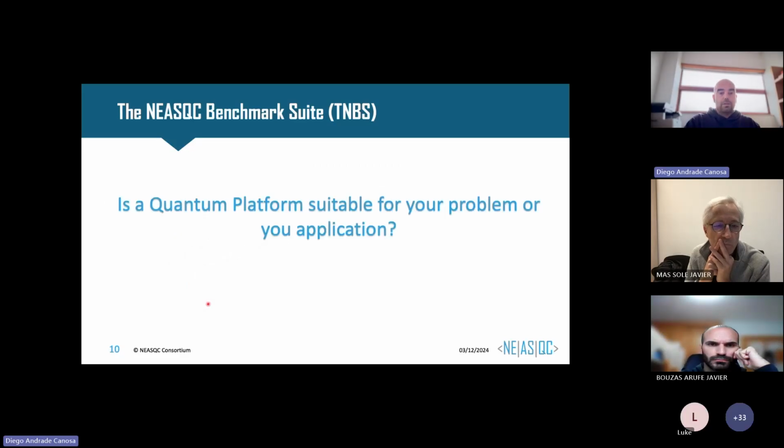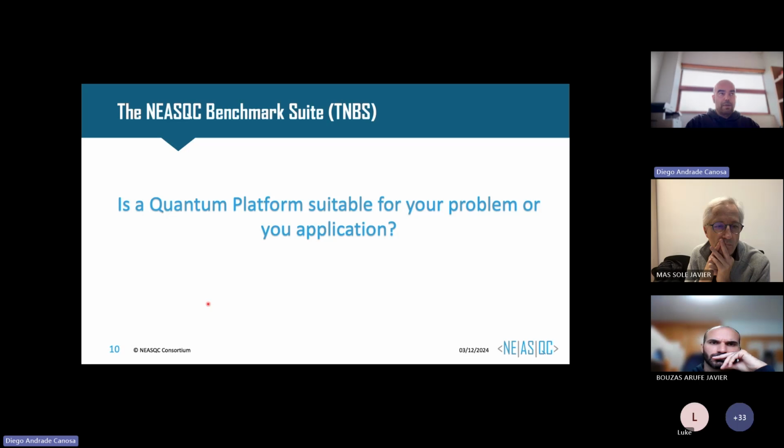So overall, the philosophy of our benchmarking methodology, the question that we are trying to answer, is whether a quantum platform that we want to evaluate is suitable or not for your problem or your application. Normally, when you buy a quantum computer and you are a company, you want to use the quantum computer for a specific type of application.